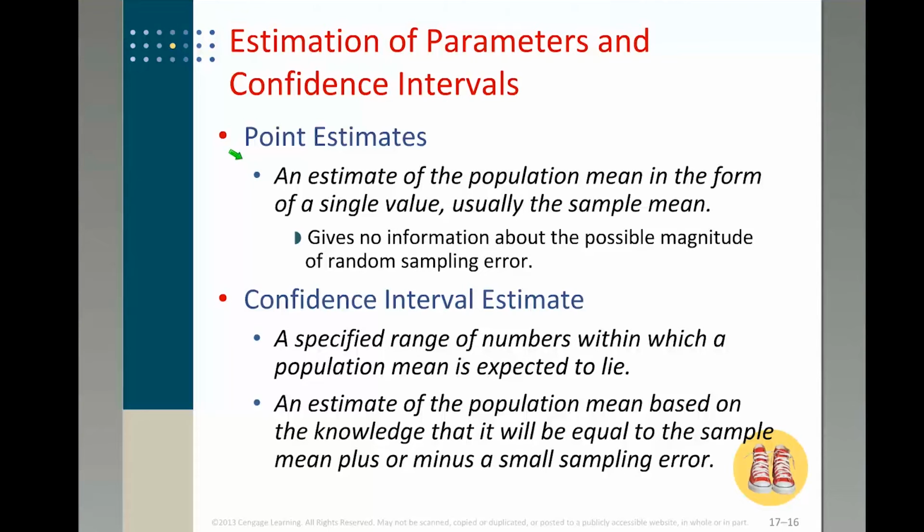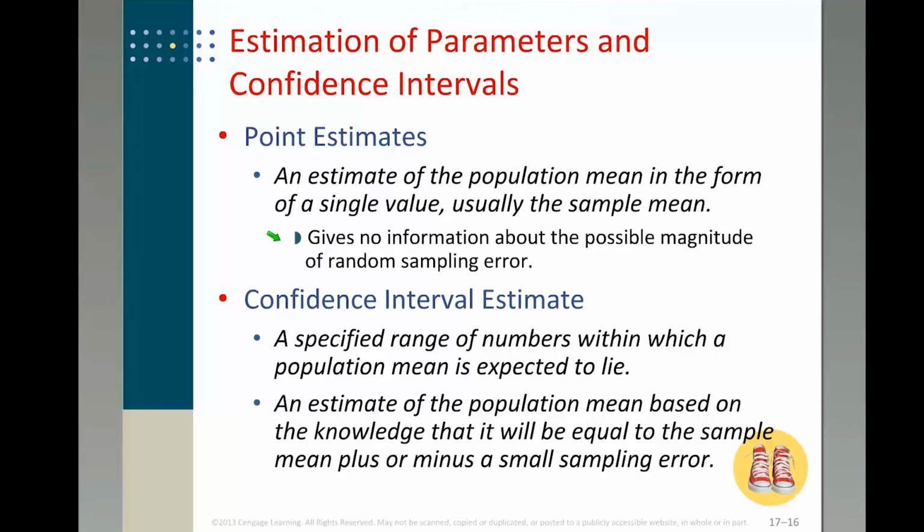Now the problem with a single value is it gives no information about the possible magnitude of random sampling error. Apparently, if you take another sample, you get another point estimate of the population. Which one is good? Again, the old question comes up, right? Which one do you use?